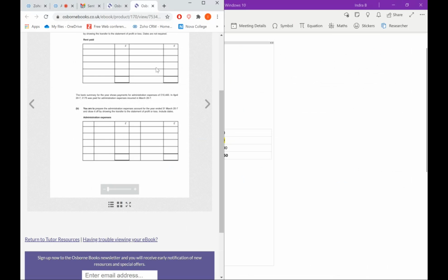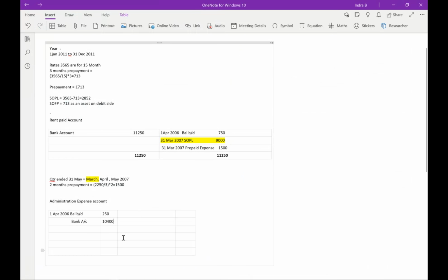On 31st March, there was an accrued expense of 175. So we know that the closing accrual comes on the debit side. We put accrual on the debit side in the beginning, and at the end it comes on the credit side.